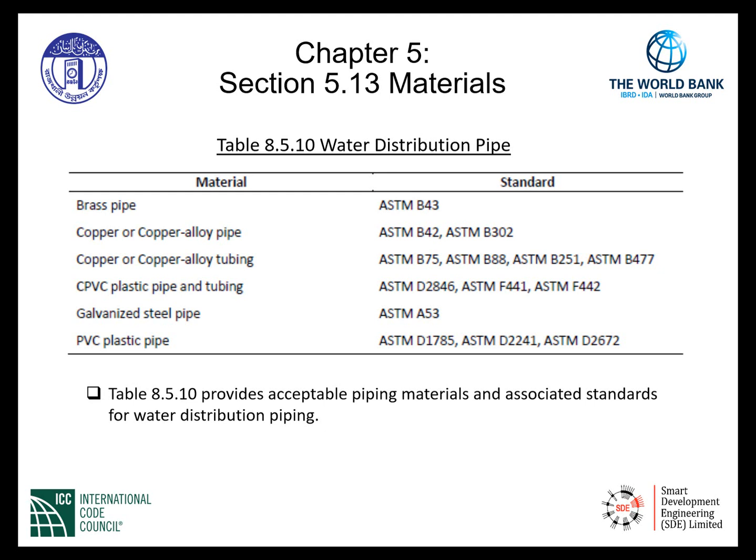Brass pipe, copper or copper alloy pipe, copper or copper alloy tubing, CPVC plastic pipe and tubing, galvanized steel pipe, and PVC plastic pipe. On the right-hand column is the standard for that particular type of material. This table provides acceptable piping materials and associated standards for water distribution piping.